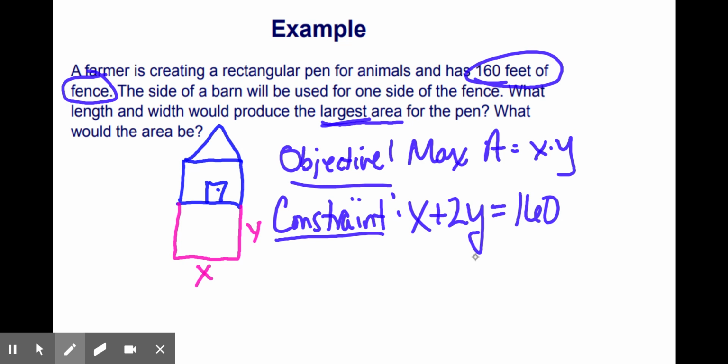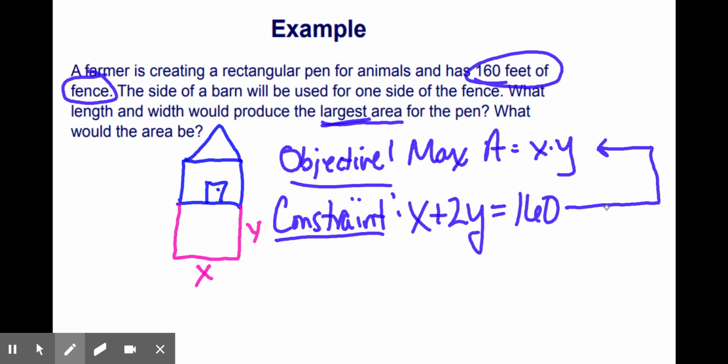Now you can see the issue. If you go back to the objective, I want to maximize X times Y. The problem with maximizing X times Y is there's two variables. When you find a min or max, we've never done it with two variables in there, X and Y. So I need to eliminate one of the variables. To do that, I'm going to use this constraint. I'm going to solve the constraint for X just because it's easier. It doesn't matter which variable you solve for.